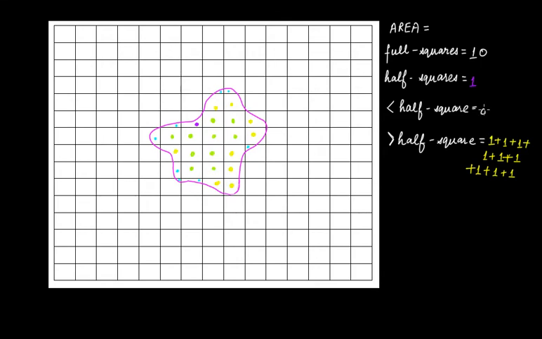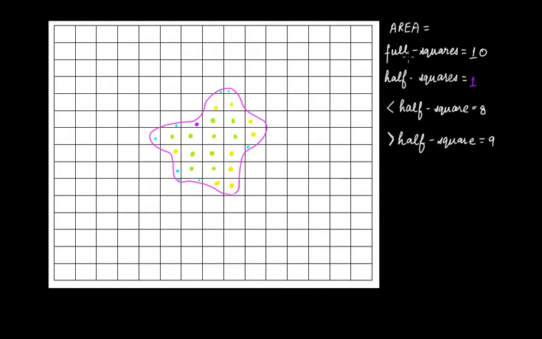We have 8 such squares which are less than a half square. And then here we have 1, 2, 3, 4, 5, 6, 7, 8 and 9. So we have 9 such squares which are greater than a half square, right?